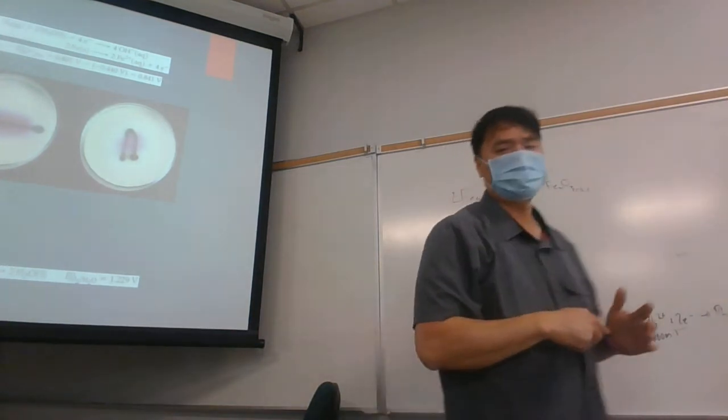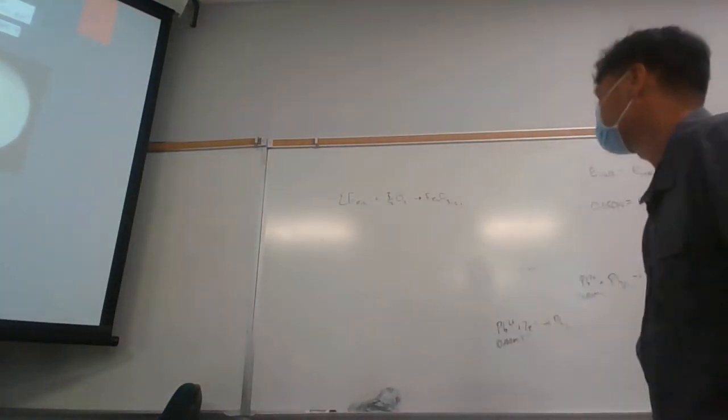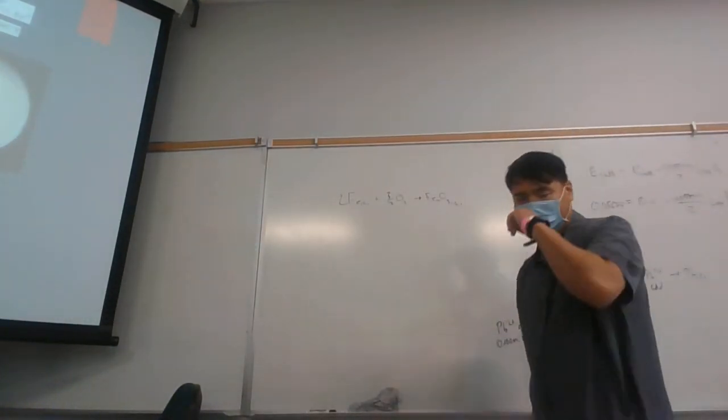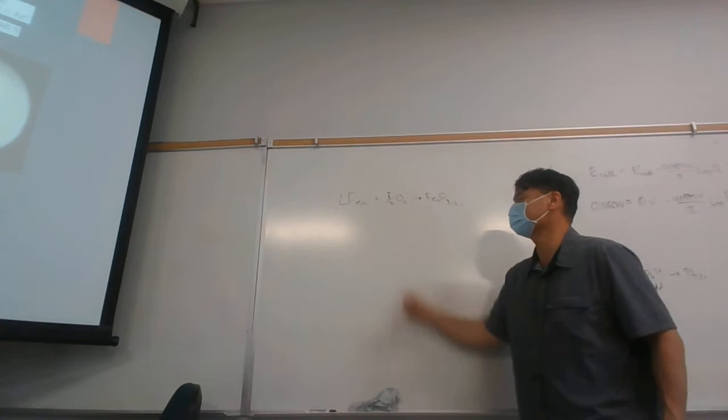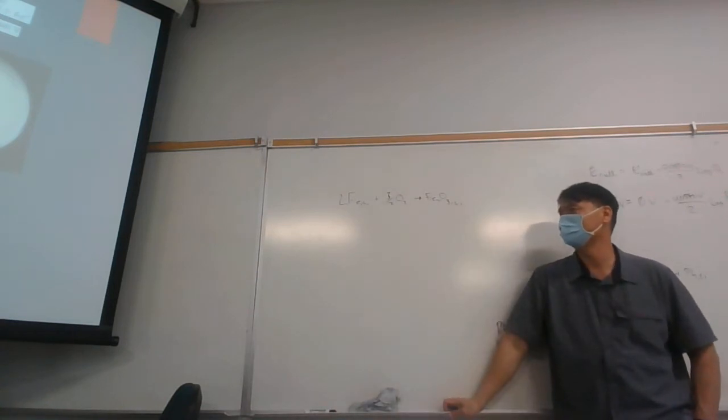So it seems like a simple enough reaction: iron and oxygen yields Fe2O3. But it turns out that corrosion is a little bit more complicated than this.